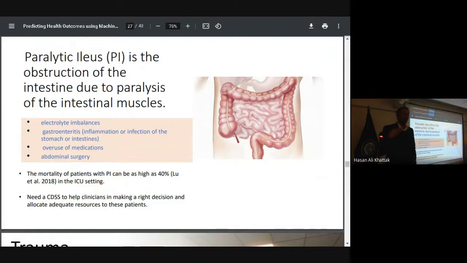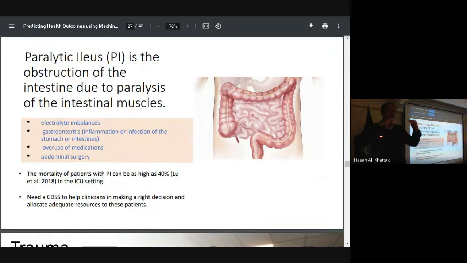What we have noticed is that the mortality of patients with paralytic ileus can be as high as 40% in the ICU setting. And this is a case where we could use IT, machine learning, and deep learning to reduce the mortality.